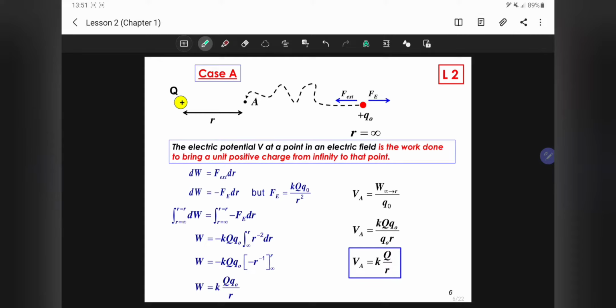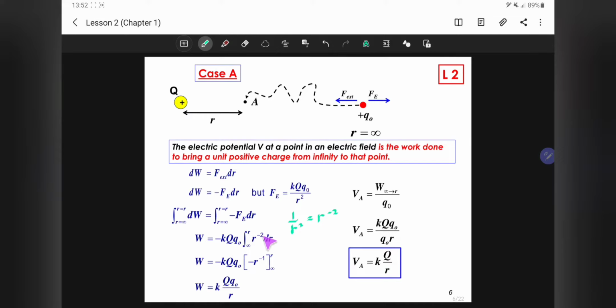What does it mean? Basically we know that 1 over r squared equals r to the power of negative 2. They are the same, isn't it? By having this, we just integrate both sides. You will get work equals negative kQq0, just a constant here.